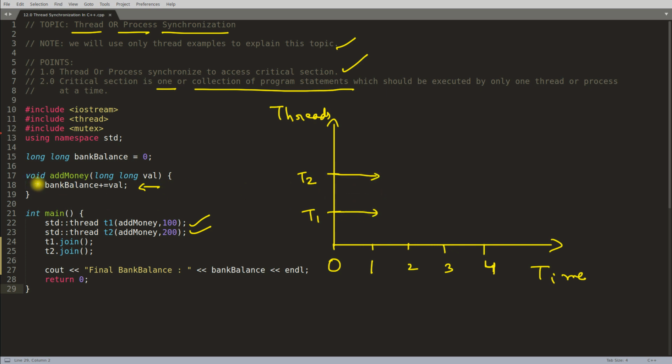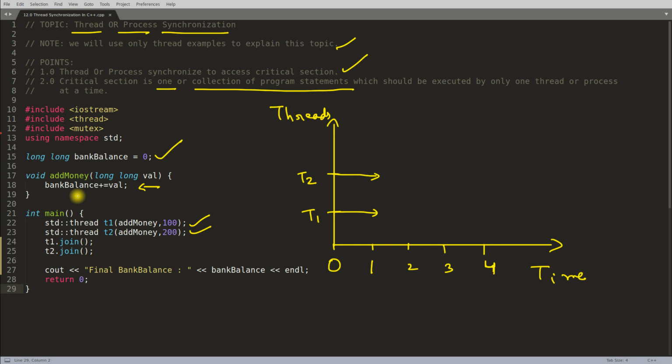We'll say that at time 1, they are at this location because they both started at the same time, and it is possible that both threads will reach here at the same time. This particular statement is going to change whatever value you are passing. For thread 1, it will add 100 inside this bank balance, and don't forget that this is a global variable, so it is common to both threads.